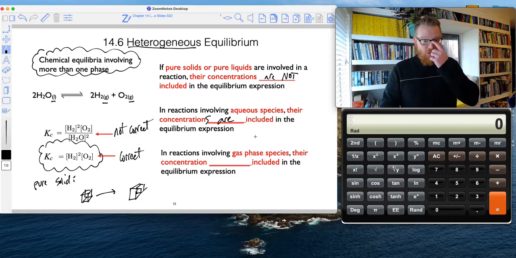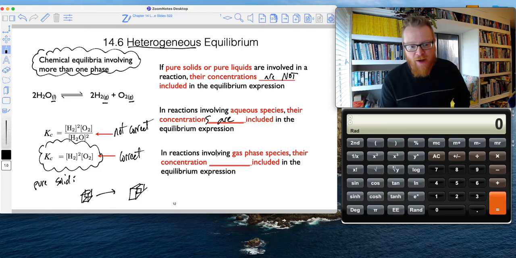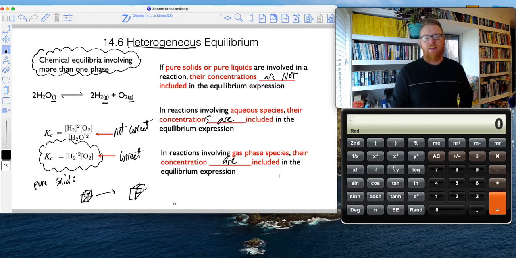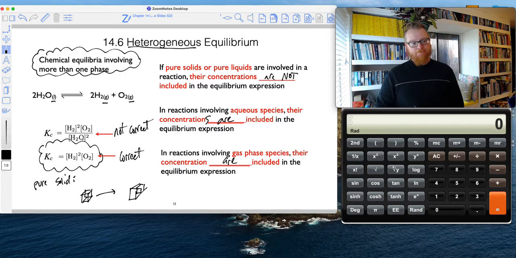So aqueous and gas phase species are always included. Once again, in this reaction, water is given as a liquid, so we do not include it. If this was gas phase water, then we would include it.